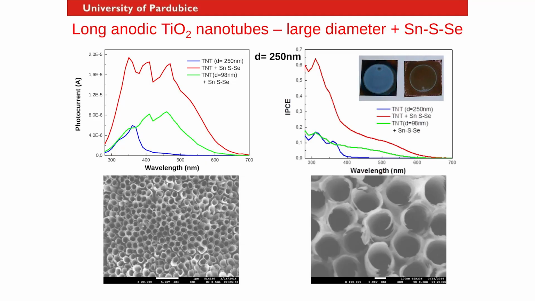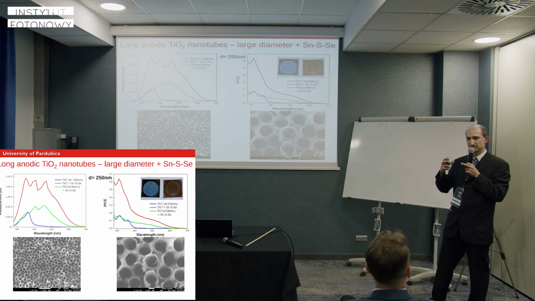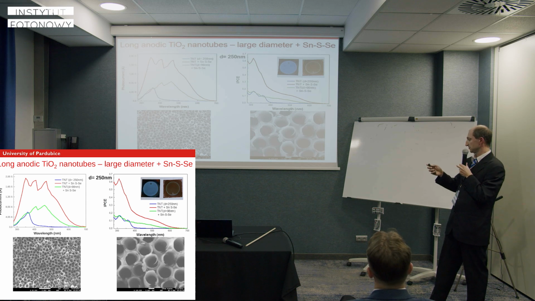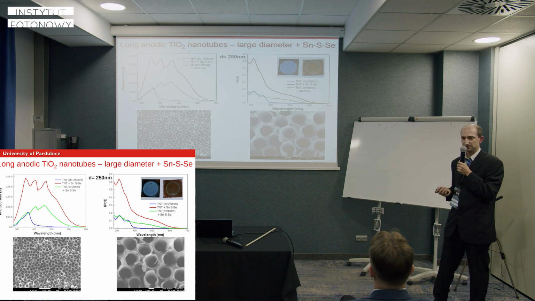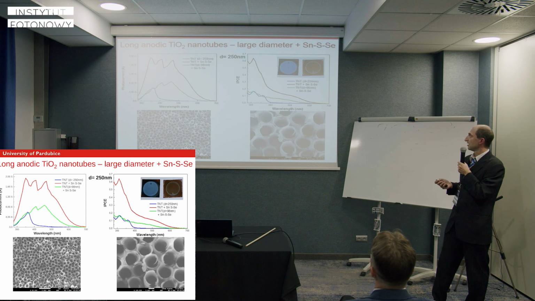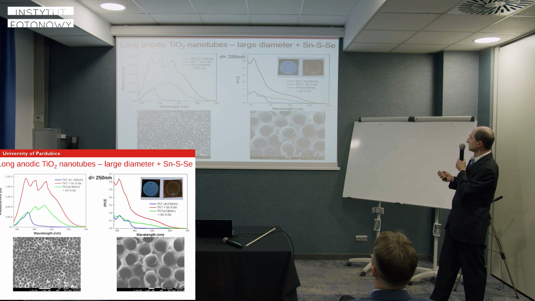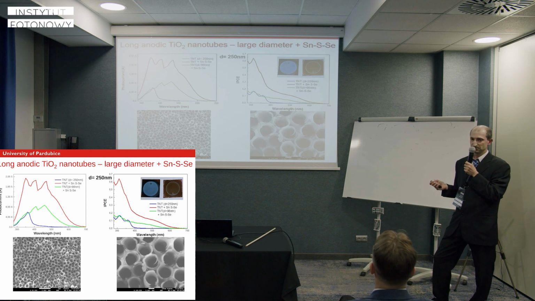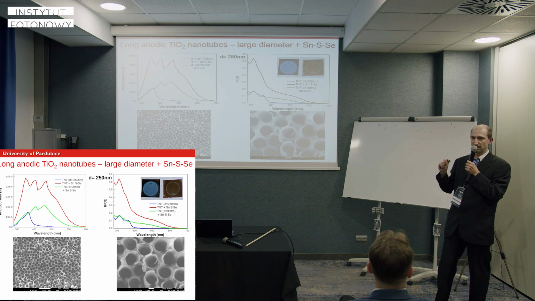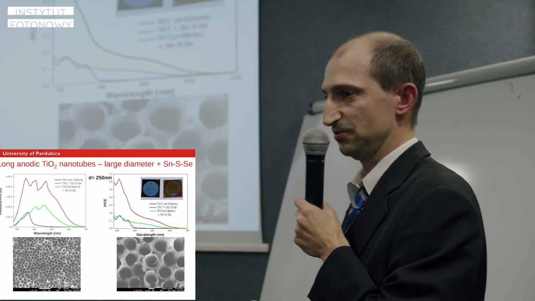So in that case, we tried to do two things. One is to make tubes with a larger diameter. These tubes have 250 nanometers in diameter, and also we used crystalline material instead of amorphous. As a case study, we used tin sulfur cyanide, which is also possible to dissolve in propylamine, but you need a single droplet of hydrazine just to initiate the dissolution.